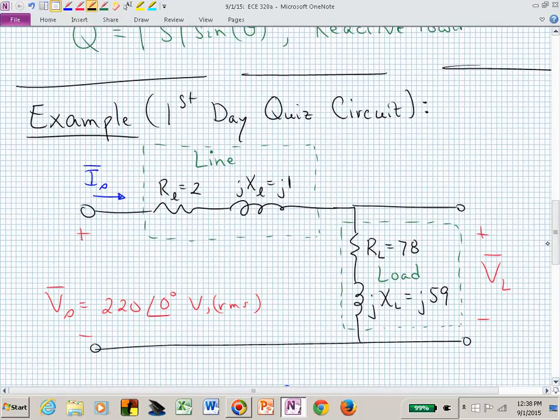This is a flashback to the first day. Remember our quiz where you started breaking out and your heart started racing, and I was asking you what is the magnitude or the time domain expression for the voltage across those two elements on the right hand side.